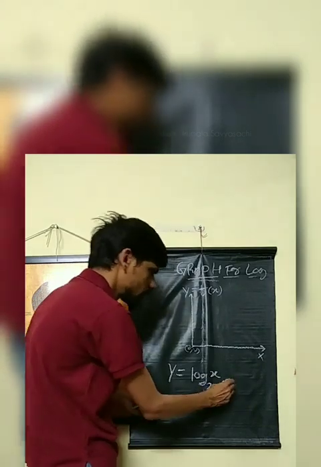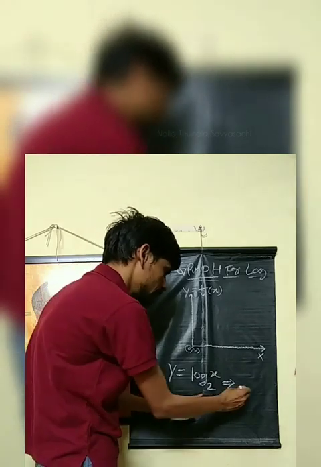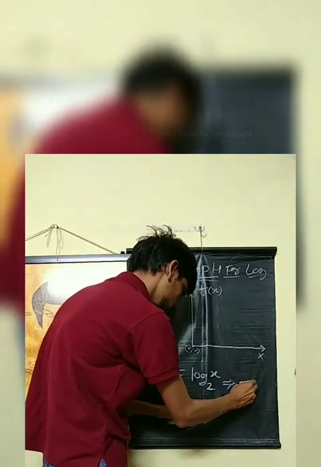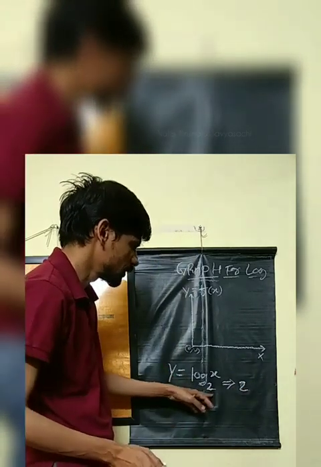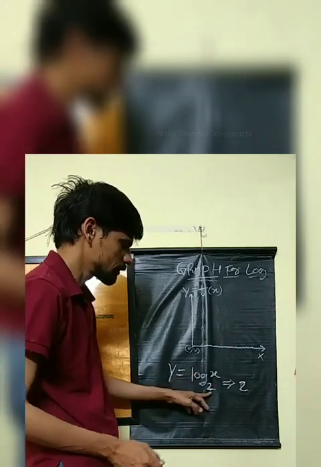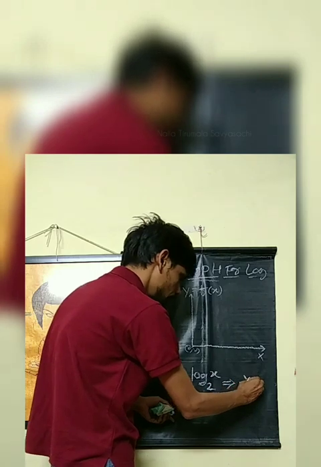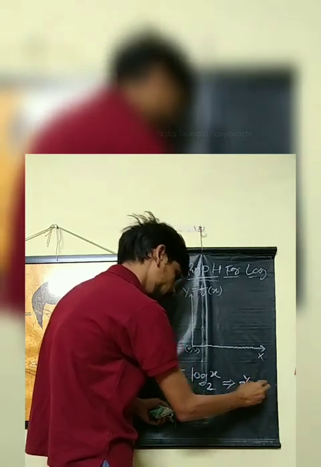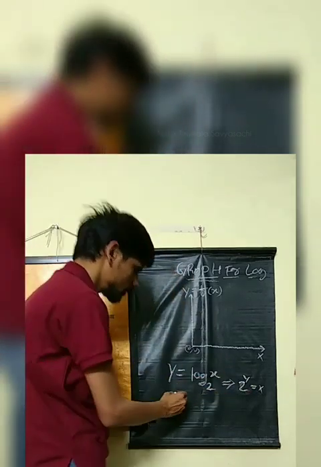How can we translate this into the normal way? My base is 2, this is the growth rate, and this is the time required. So 2 power y equals x. This is what it looks like when you translate.